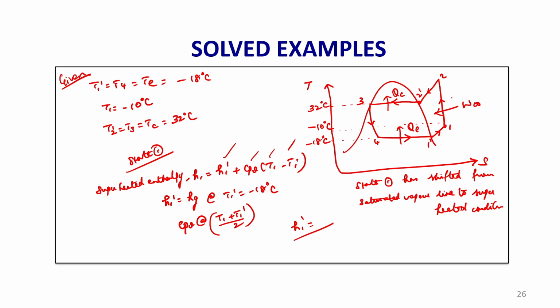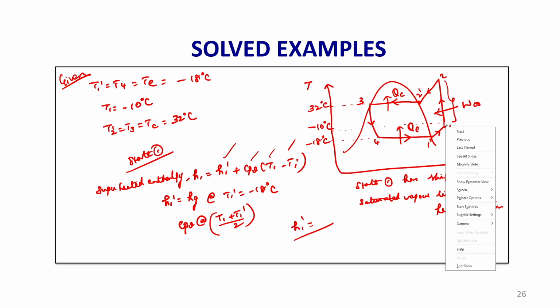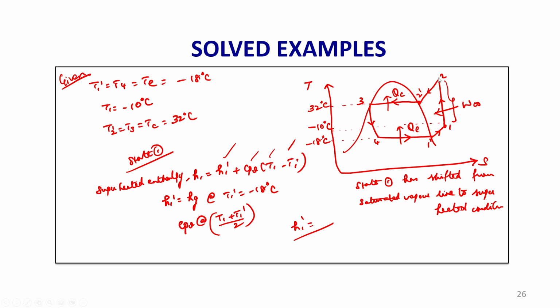The actual compression starts from here only. So the compressor is compressing from a temperature of minus 10, which is a higher temperature than the previous case. So this T2 also will change. T2 is not the same as 39.5, but the procedure is the same.